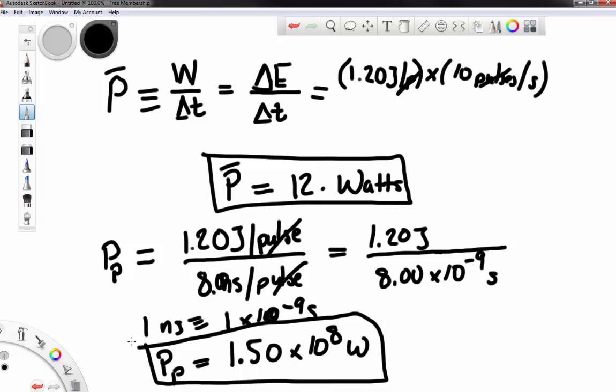I should add as a piece of interesting trivia that usually the pulse shape is not necessarily square. They usually sort of have a rising edge, they have a peak, and then a tapering trailing edge. Oftentimes this pulse shape looks like a bell curve. It's basically called a Gaussian pulse, in which case you have to basically do something a little more tricky to get this peak power. Sometimes you can multiply by a simple factor like 2. Sometimes the pulse is not so easy shaped, and then you have to use calculus to find the answer.